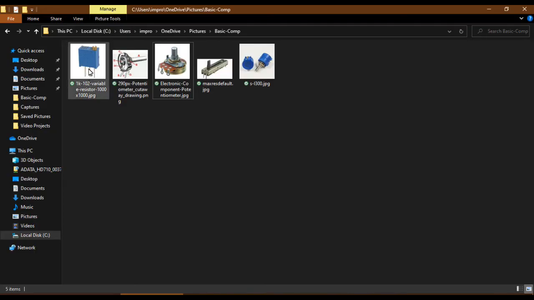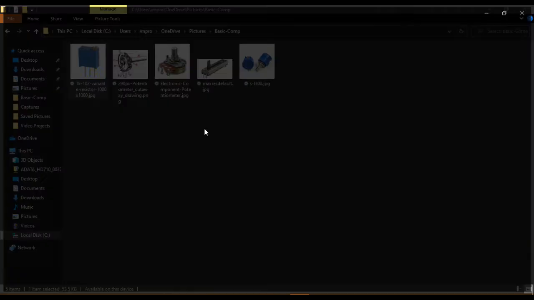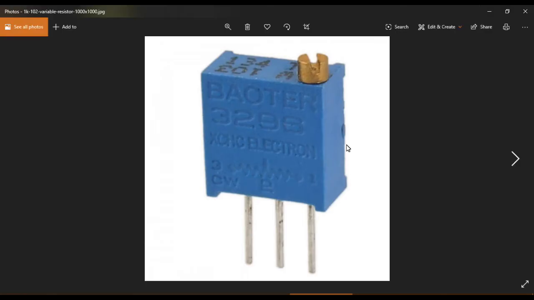See, there are other types of potentiometers I would like to discuss with you. There are so many variations in the industry. This is a 10 turn preset. It has a very precise application. You can see the diagram also given on this potentiometer body: this is pin number 1, this is 2 and 3, and here it is written CW, that means clockwise.